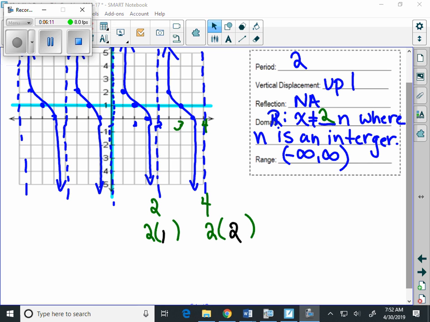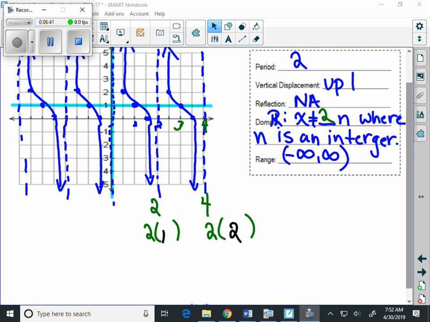Just a couple things that I want to stress here as you finish the packet, and that is, go back if you haven't done your tangent and cotangent practice. Go back and make sure that you do those practice problems, and remember that the period for cotangent and tangent is pi, not 2 pi like the other functions.